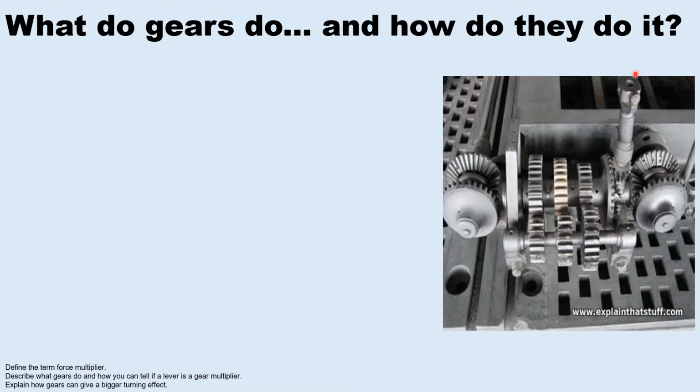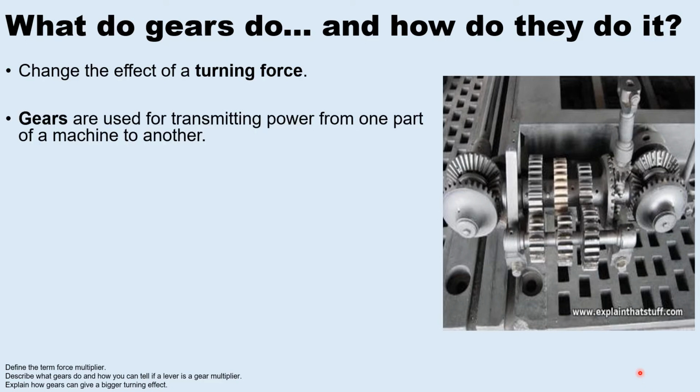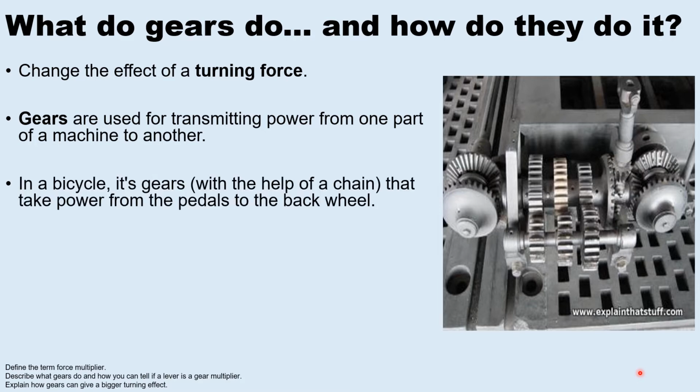So here is a gear mechanism that would be in a car. Gears change the effect of a turning force. They are used for transmitting power from one part of a machine to another. In a bike, it's gears with the help of the chain that take the power from the pedals to the back wheel and push it along.